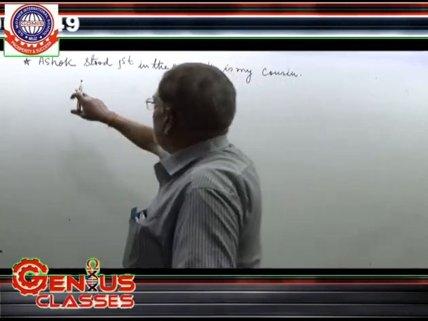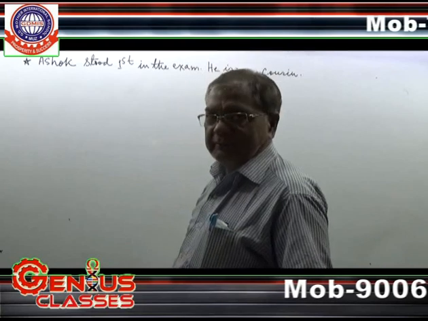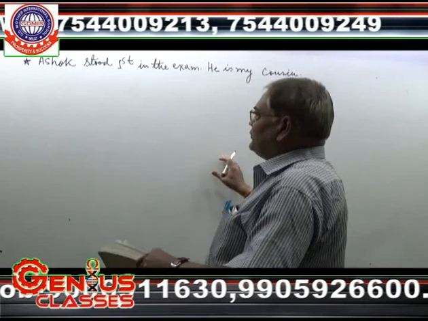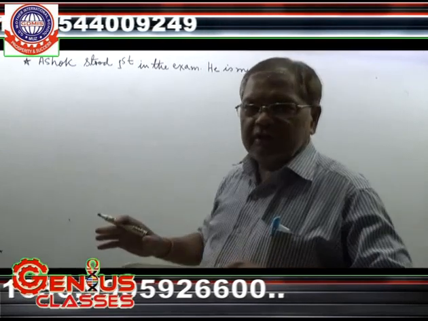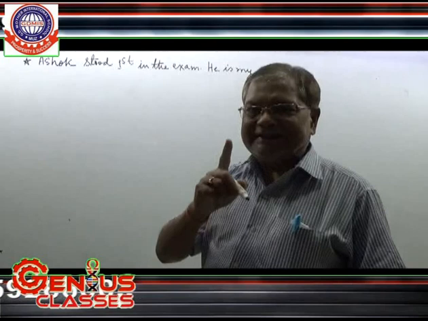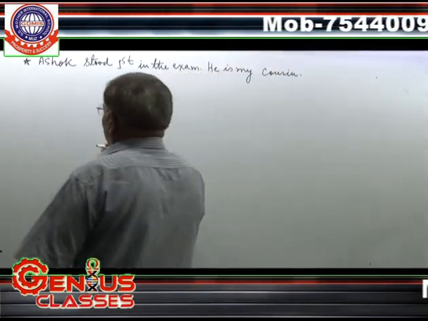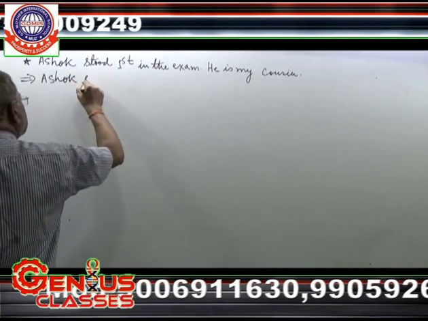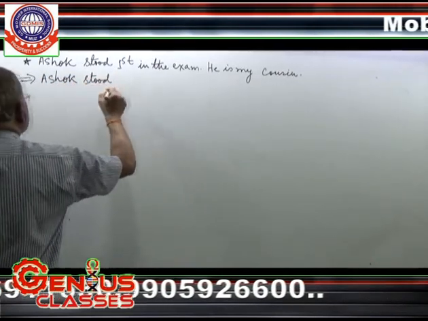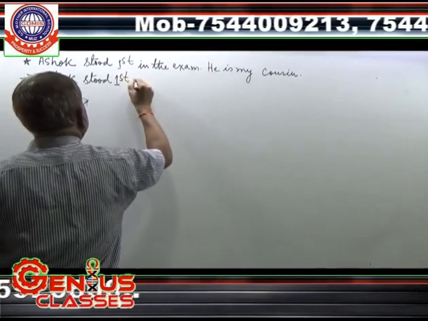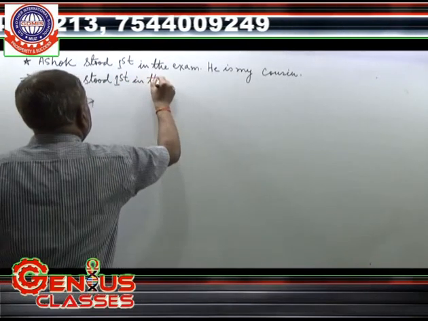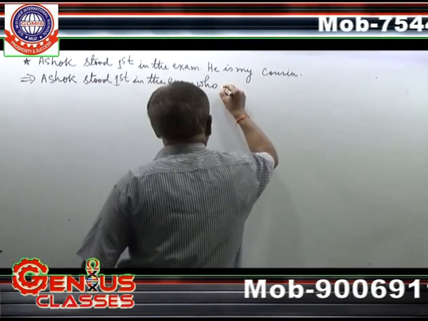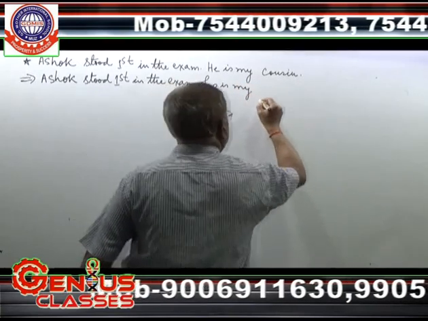Number 1, Ashok stood first in the exam, and the second sentence, he is my cousin. Now you have to use the relative pronoun and make a single sentence. If you do it like this: Ashok stood first in the exam, who is my cousin.